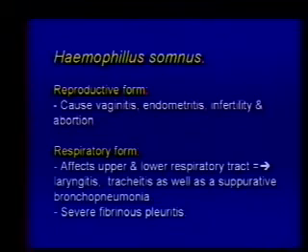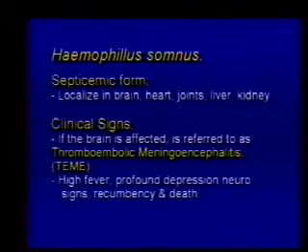But don't forget that there is a reproductive form, and there's also a respiratory form. Haemophilus somnus, the septicemic form, may localize in the brain, the heart, joints, liver, and kidney. So we have respiratory, reproductive, and then a septicemic form.